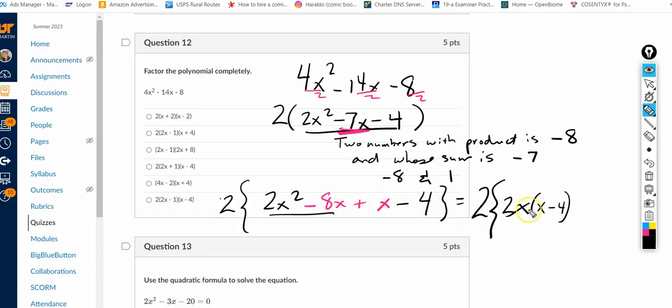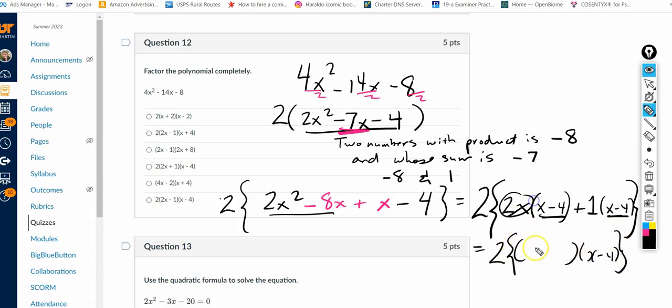And then with this pairing, there's nothing to factor out. It's plus x minus 4. So I'm just going to write that as 1 times x minus 4. And you can see that they have an x minus 4 in common. And then what's going to be left in here? Well, 2x and plus 1.